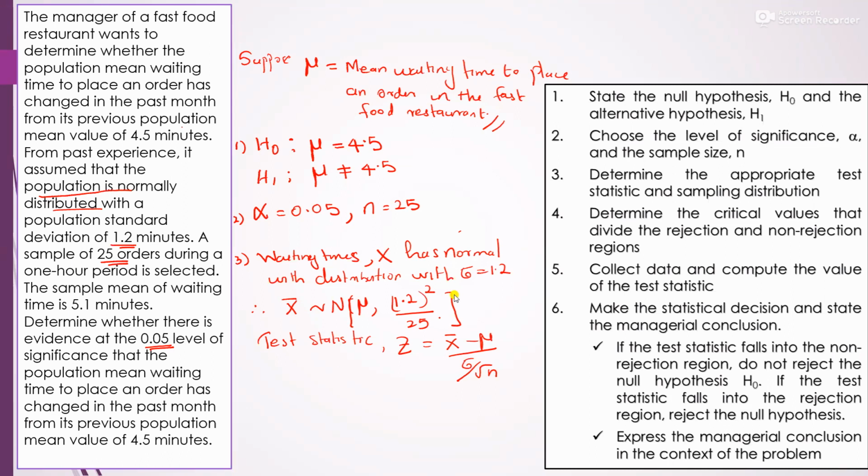Now up to step 3 we have completed. So this is our sampling distribution: X bar has a normal distribution with this sigma squared over n. Why are we saying that it's normal? Because from the past experience, they found that the waiting times have a normal distribution with sigma equal to 1.2.